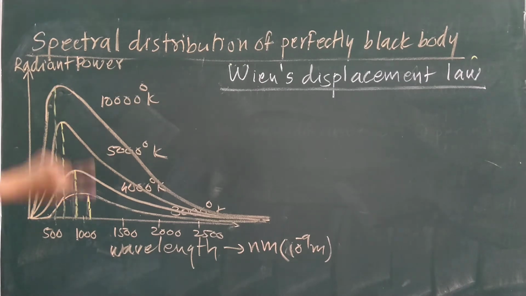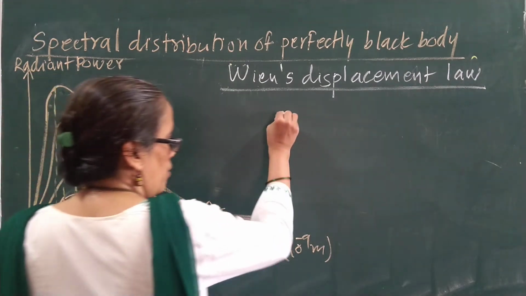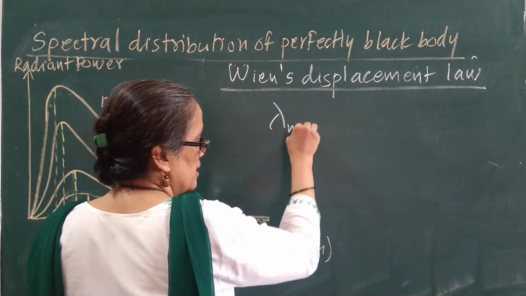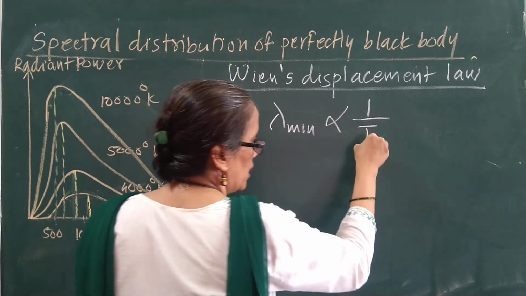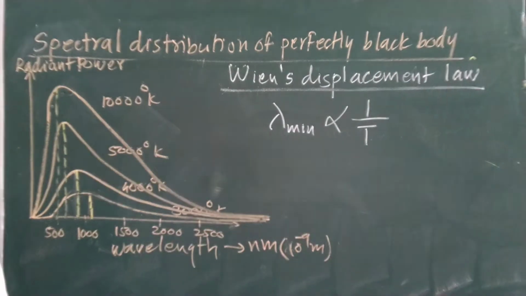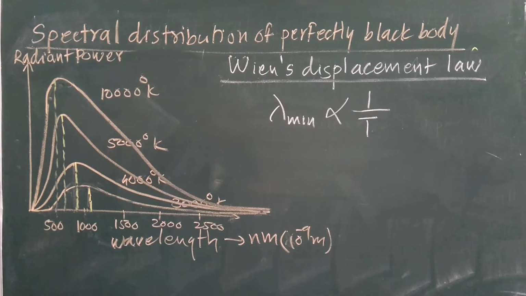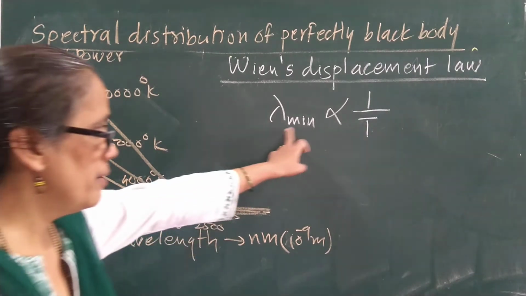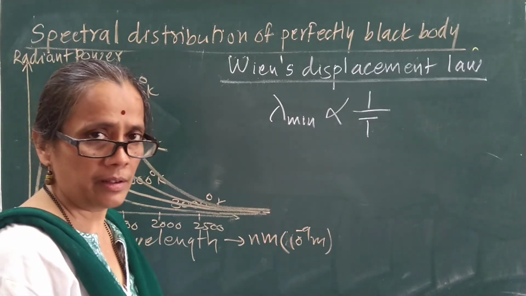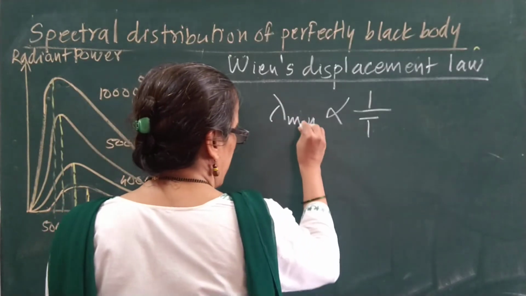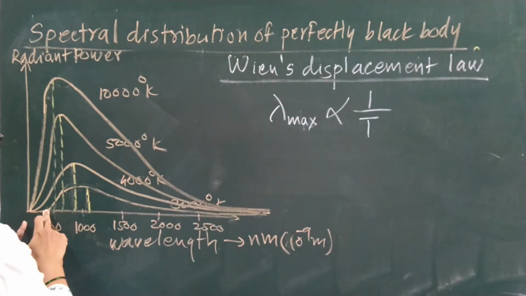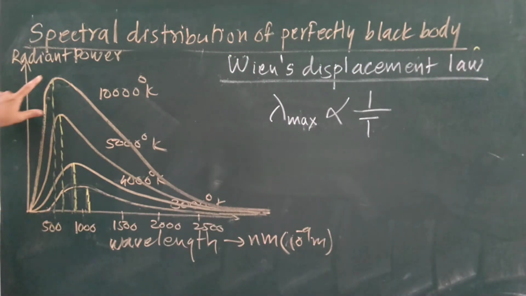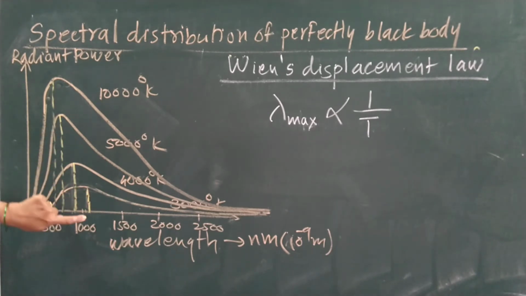Is it right? Means what I can say is that the wavelength is inversely proportional to the temperature. So you will get the minimum wavelength at maximum temperature, or I will get a maximum wavelength. Maximum wavelength कहाँ पे मिला है आपको देखो, the wavelength maximum here I am getting 1000 के आगे है.